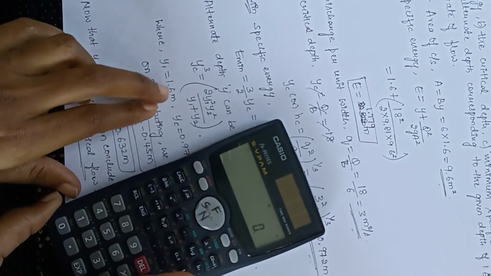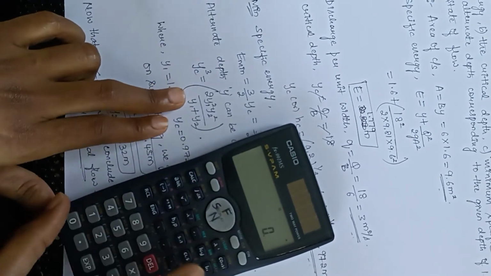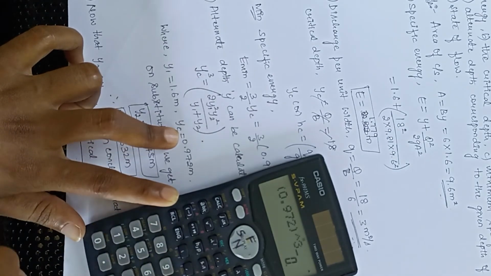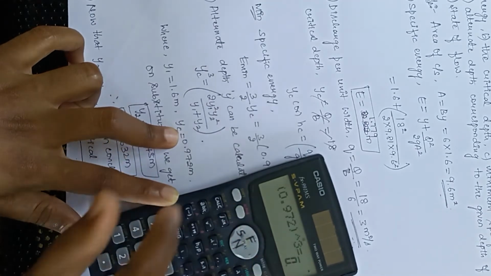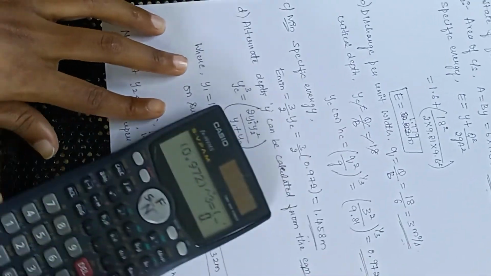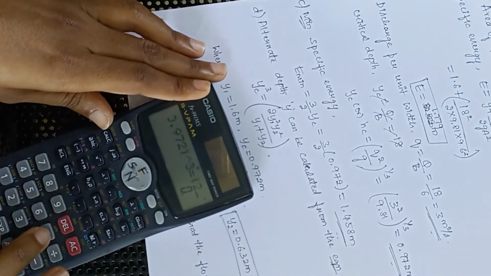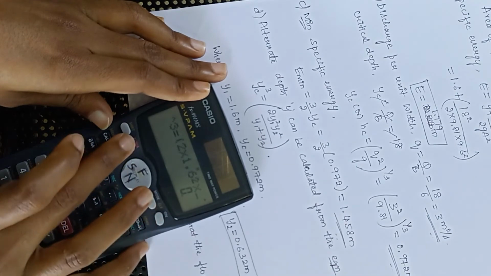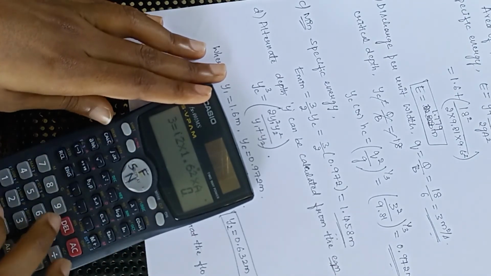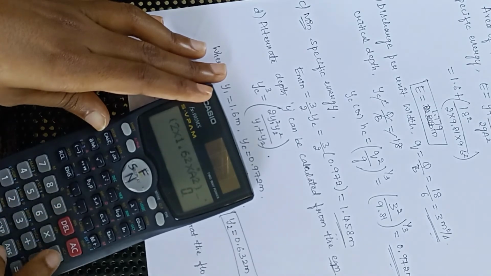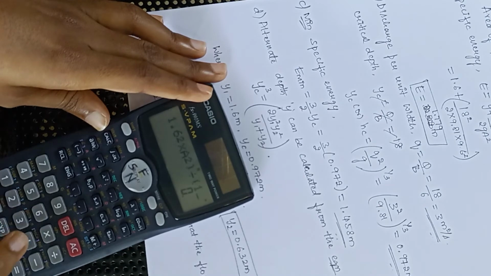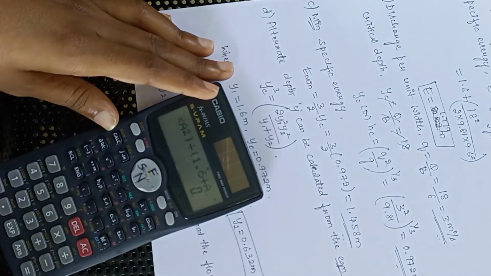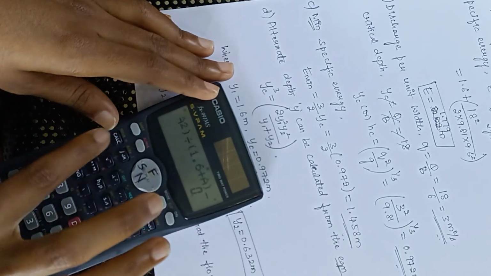I repeat the calculation once again. Let us take yc on the LHS: open the bracket 0.972, close the bracket, to the power of 3, then press alpha equals. Then open the bracket, type 2 into y1 value, 1.6 squared, into y2, which is unknown, so press the alpha A button, put a square for it, close the bracket, divided by, open the bracket, type the value of y1, that is 1.6, plus again alpha A, close the bracket, then shift calculate.